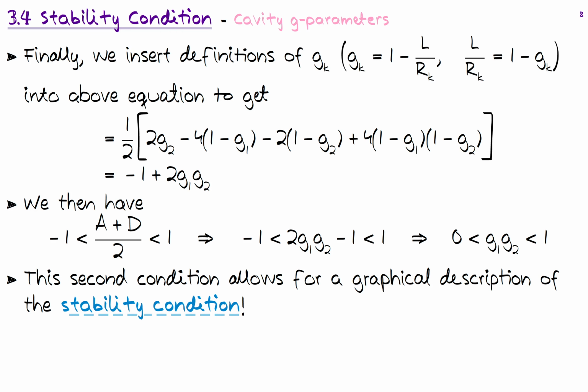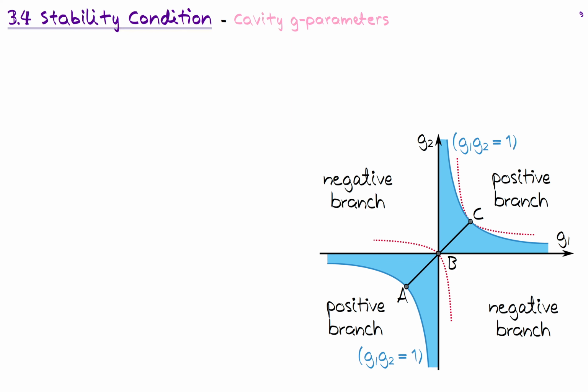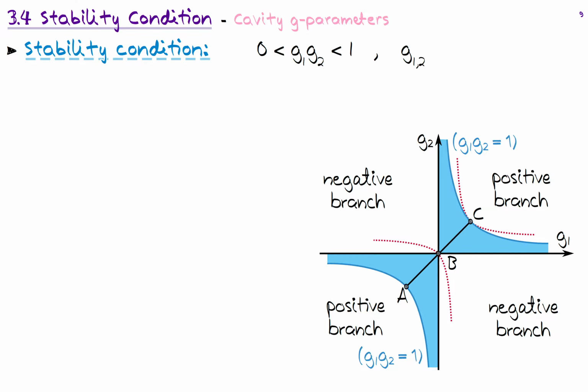And now, since I promised that this helps us to form a graphical description of the stability condition, we can draw these kind of figures. So basically the stability condition using the G parameters, mathematically, is that G1 times G2 is between 0 and unity, and the G parameters are defined as 1 minus L divided by R1 or R2.